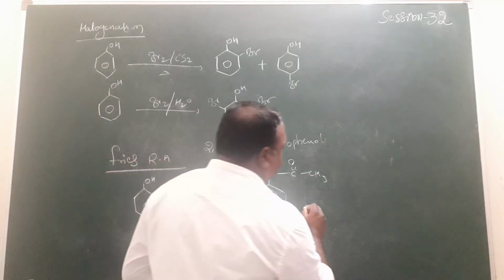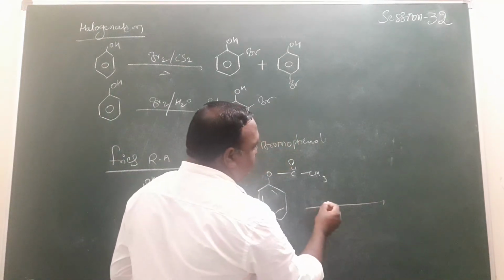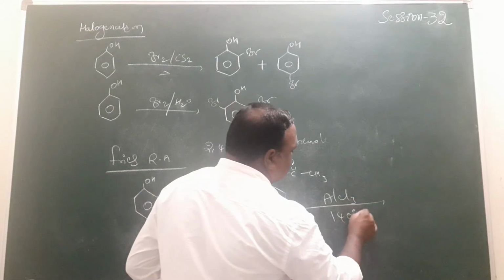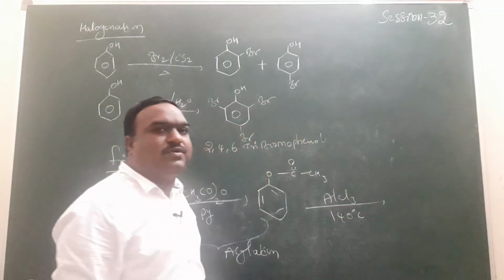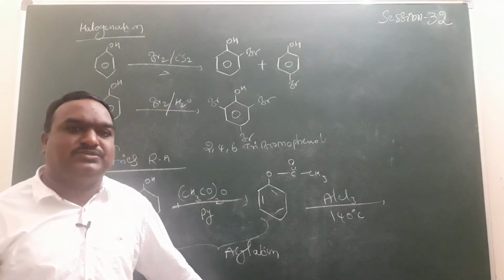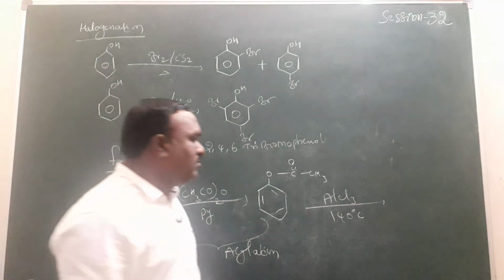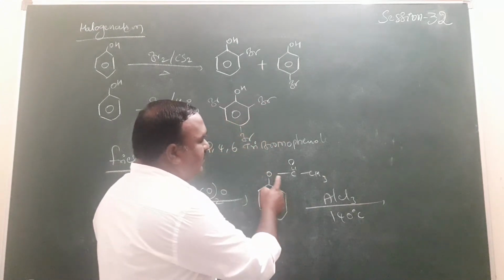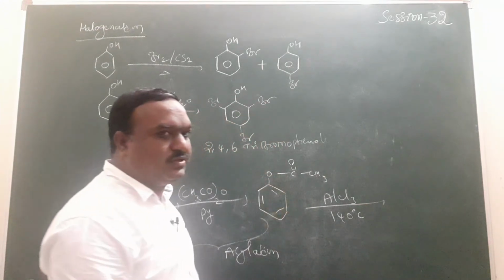Now the compound undergoes rearrangement in the presence of AlCl3 at 140 degrees centigrade, or carbon disulfide medium also doesn't matter. So AlCl3 at 140 degrees centigrade means rearrangement is possible here.